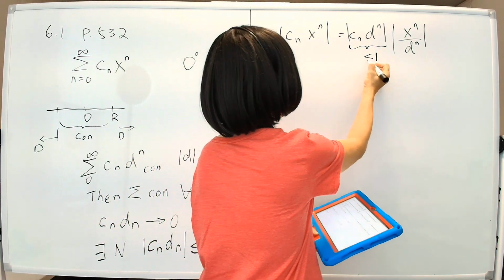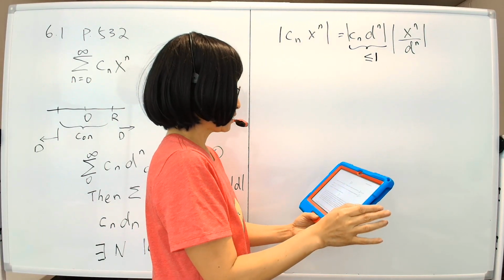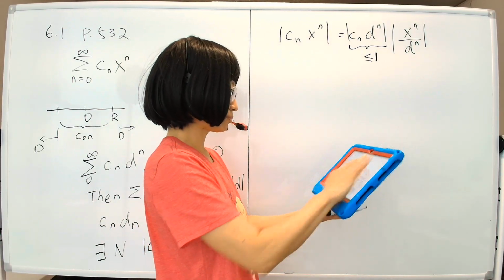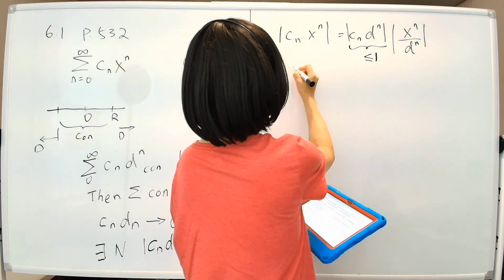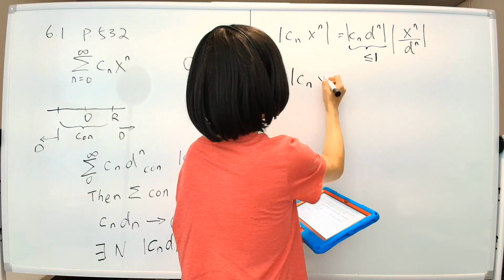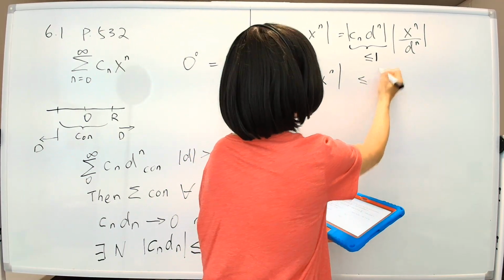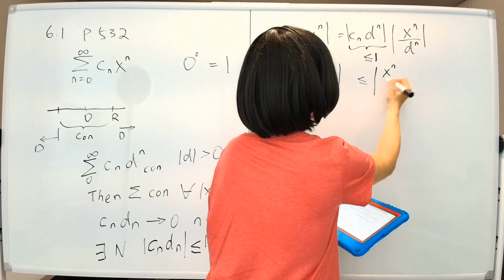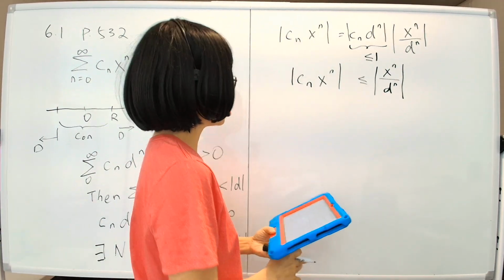So this is less than or equal to 1, which means that, look at the next page, the next inequality would be Cnxn is less than or equal to this thing right here, xn over dn. Okay, that's the next step.